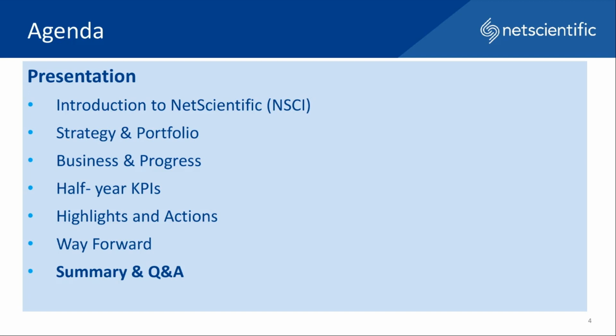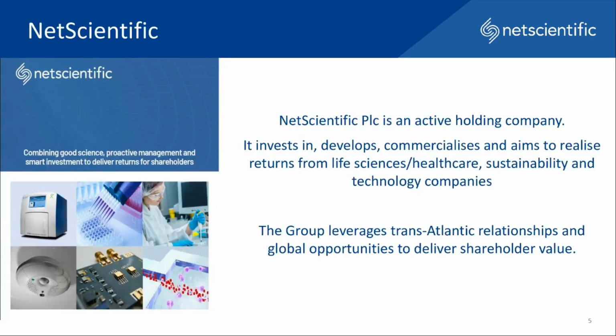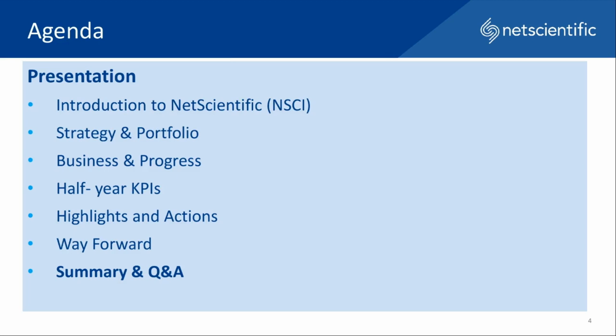From here, I'd like to go through the strategy and portfolio and give you the general business update, and then in particular, hand over to Ilian to talk about the half-year results, the KPIs, and most importantly, the highlights and the way forward. And then we'll just have a brief summary before handing over for the Q&A session.